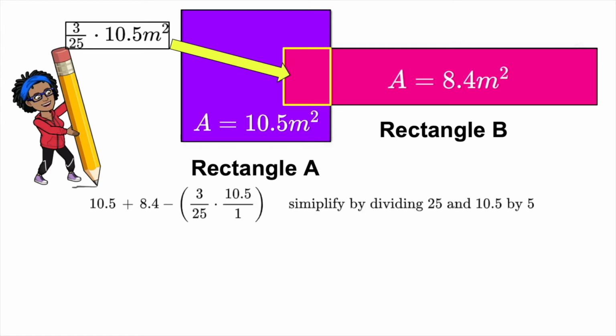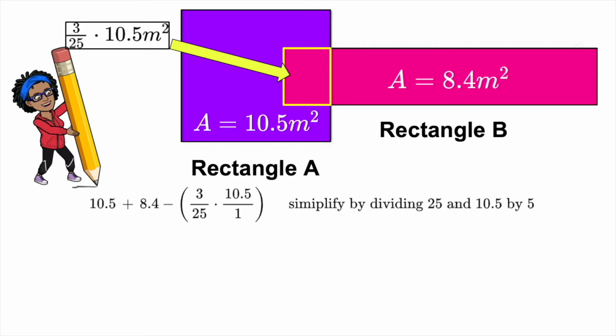We're going to add the area of rectangle A, 10.5, plus the area of rectangle B, 8 4/10. And we're going to subtract 3/25 the area of rectangle A to represent the yellow rectangle. If you notice, I have to multiply my fractions.